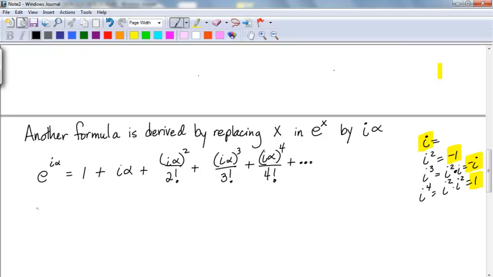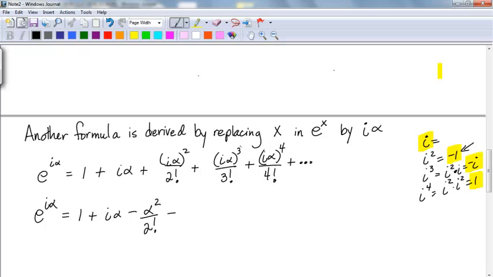If we simplify this formula, e to the i alpha equals 1 plus i alpha, and then i squared alpha squared, the i squared is -1, so it's going to change that sign. It's minus alpha squared over 2 factorial.